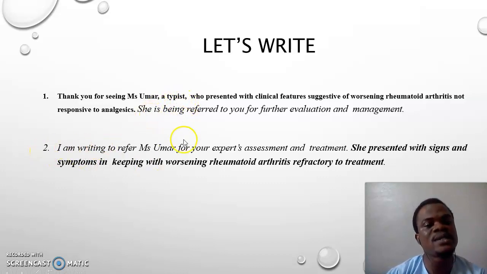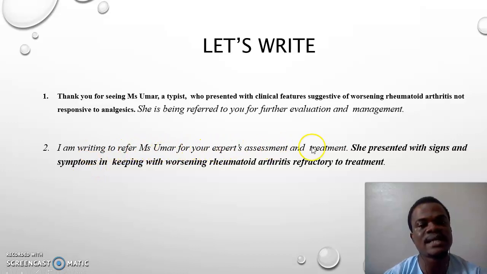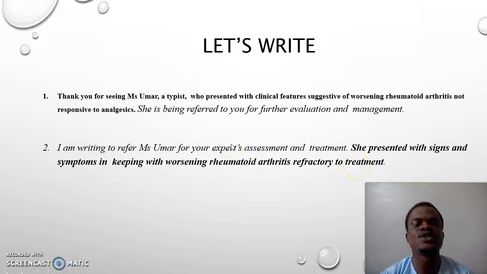Then I can also decide to write my introduction this way. I'm writing to refer Mrs. Uma for your expert assessment and treatment. She presented with signs and symptoms in keeping with worsening rheumatoid arthritis refractory to treatment. Now, here again, my introduction has 2 sentences. But here, the first sentence first of all explains what I want the addressee to do for my patient.